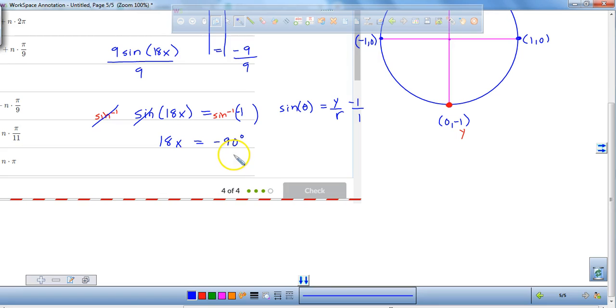But in radians, what is negative 90 degrees? That's going to be negative pi over 2. If you didn't know how to do that, you could take negative 90 and multiply it by pi over 180, and negative 90 is negative half of 180, so you're left with negative pi over 2.